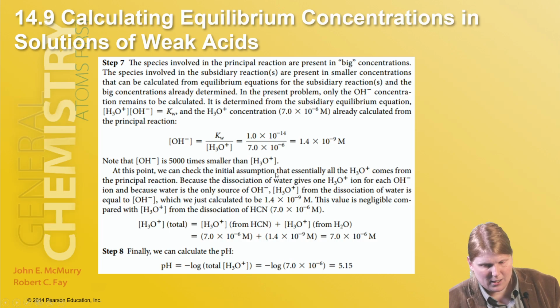And this is just talking about how you would check the assumption that all the H3O plus comes from the principal reaction by comparing the magnitude of your H3O plus concentration to 1 × 10^-7 and seeing if that makes a big difference. They also show adding these two numbers together to see if there's any significant deviation in the source. But again, this is a little extra in checking.